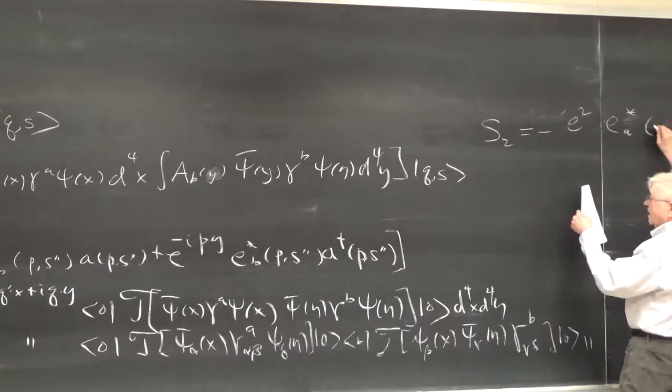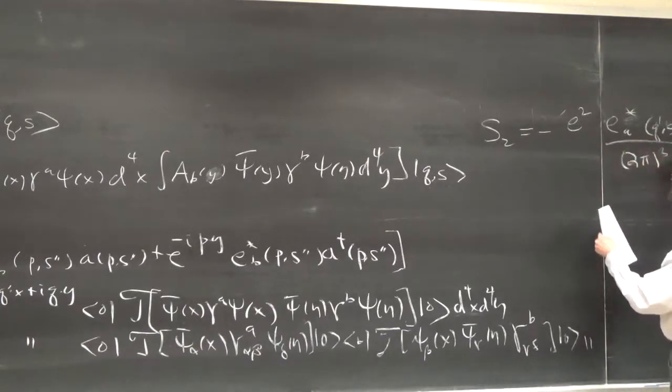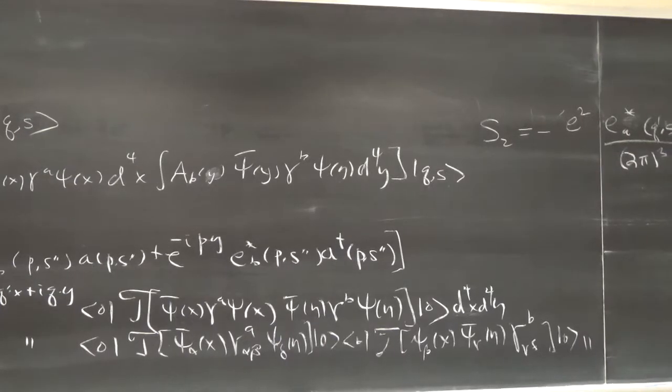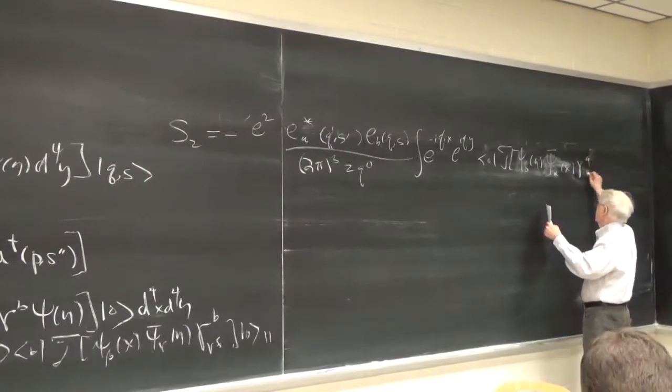So the amplitude S2 is now minus E squared, EA star of Q prime S prime, EB of Q and S, 2 pi cubed, 2Q0, integral, E to the minus I Q prime X, E to the I Q Y. And now 0 time-ordered product of psi delta of y, gamma, well actually what I wrote was correct, psi bar alpha of x, and then gamma A alpha beta.